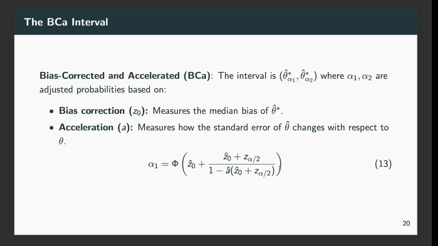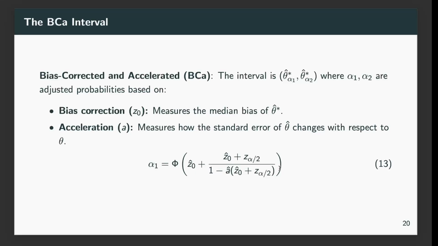So basically the BCA interval reduces to the percentile interval when both Z0 and A hat are 0, which means that there's no bias and no acceleration. But in reality we know that this is very rare.